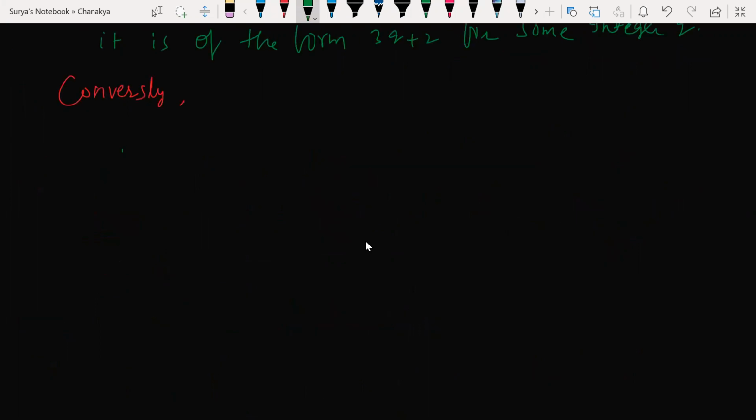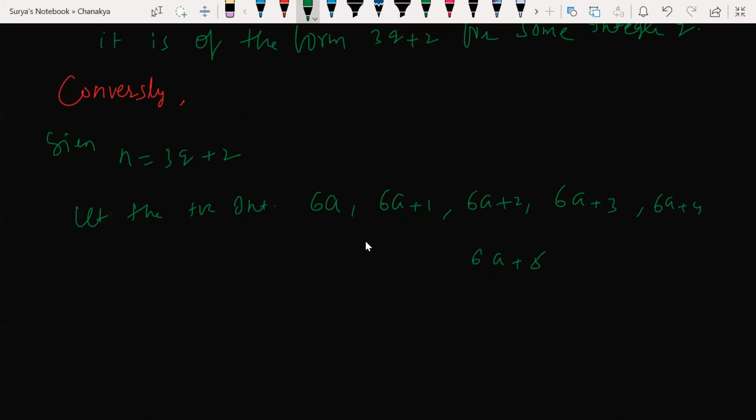N value given is 3k plus 2. And let's take the positive integers, like 6a plus 1, 6a plus 2, 6a plus 3, 6a plus 4, 6a plus 5, and so on.